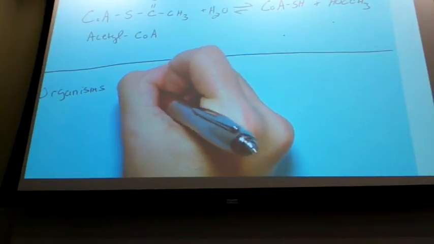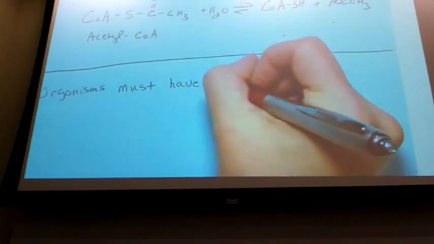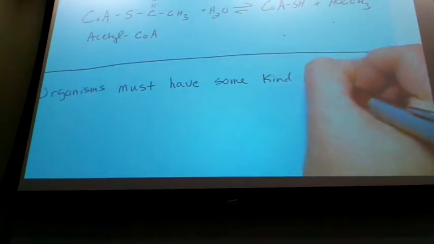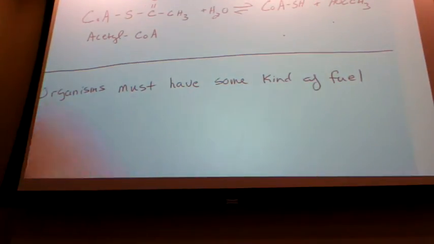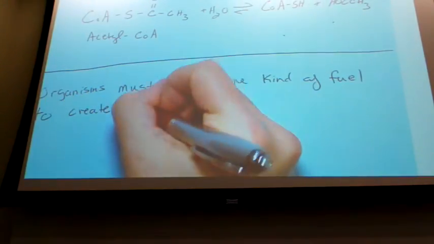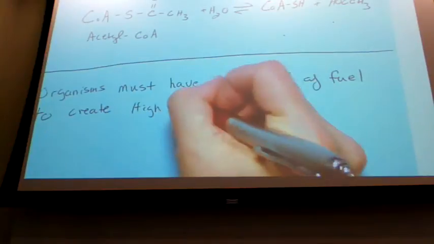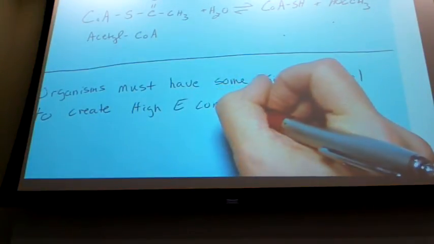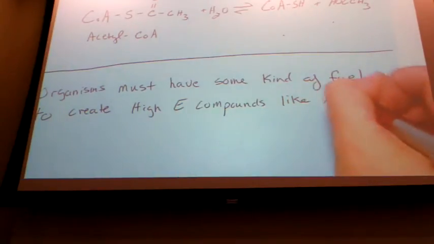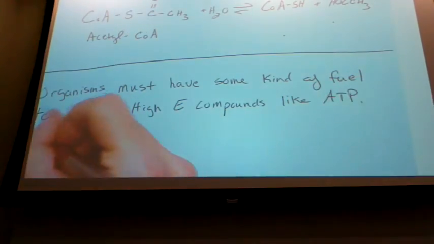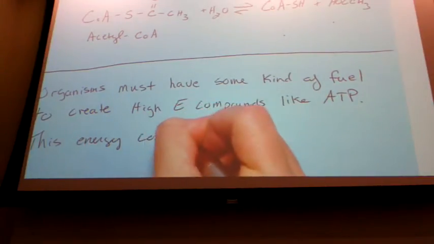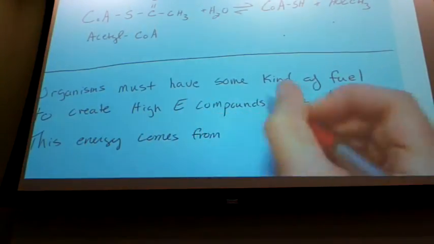So organisms must have some kind of fuel to create high energy compounds like ATP. And this energy comes from basically redox reactions.